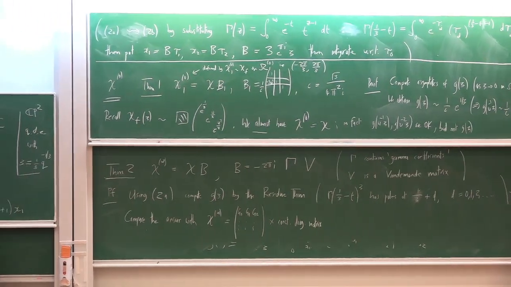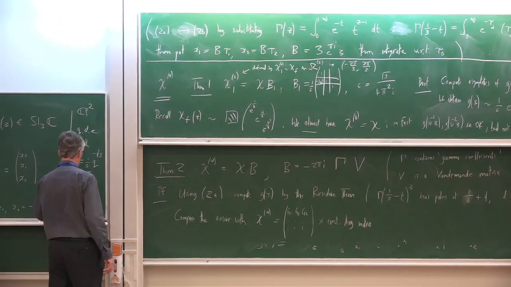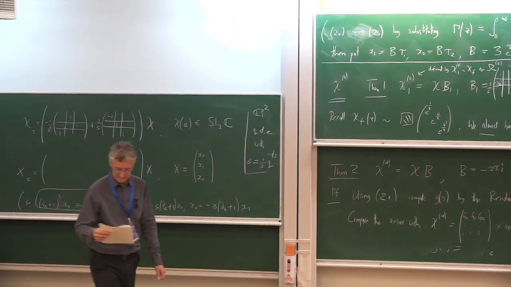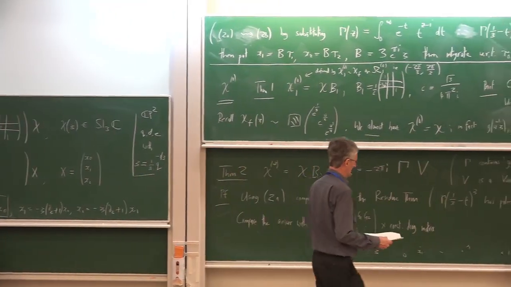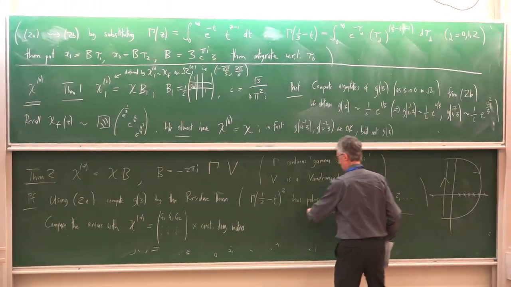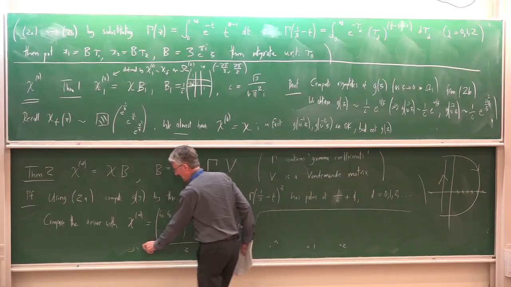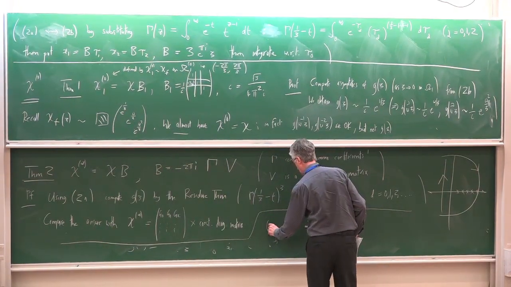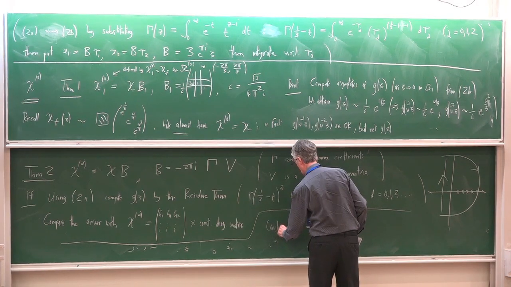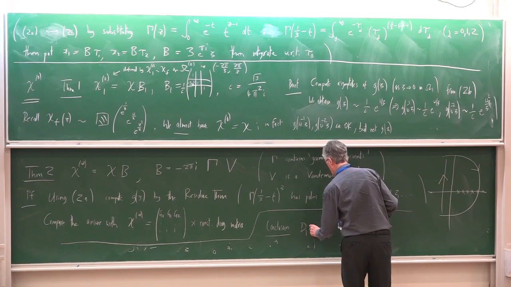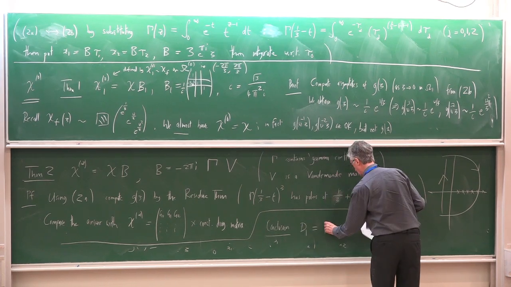So the conclusion is... I have to copy my notes, conclusion. So that's the end of theorem 1 and theorem 2. So the conclusion is that we get an explicit formula for D1.